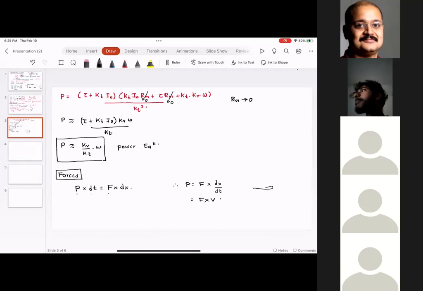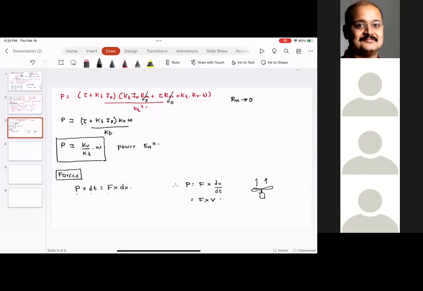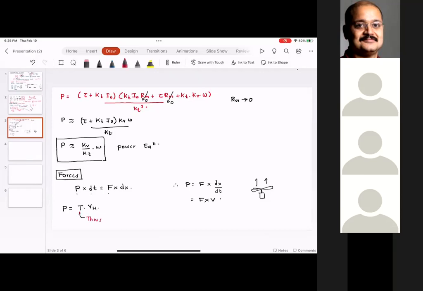So how does this equation come about in the case of props? You have this prop that is attached to this motor, and we are going to analyze just one single motor. There is some velocity Vh, and multiplied by the thrust it is going to give you the power. So power is equal to thrust multiplied by Vh. This is thrust, and this is the velocity of air.